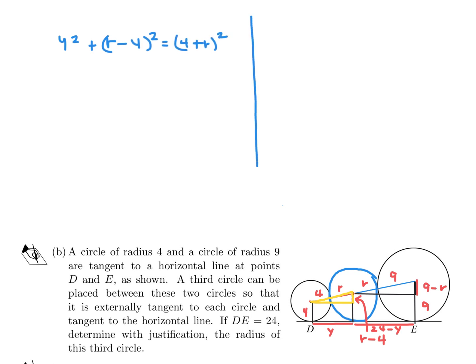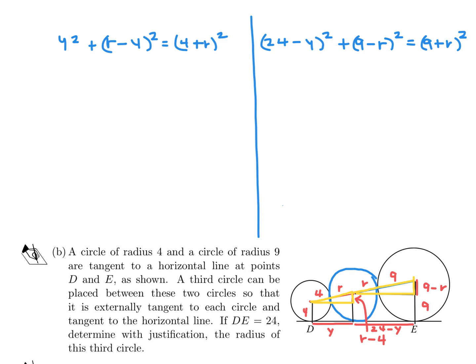And then we have one more triangle, this one, which gives me (24 minus y) squared plus (9 minus r) squared is equal to (9 plus r) squared.